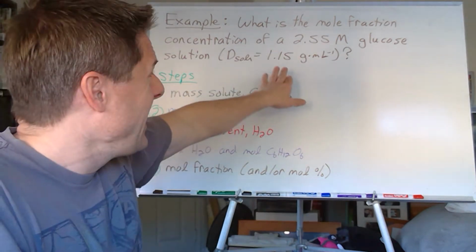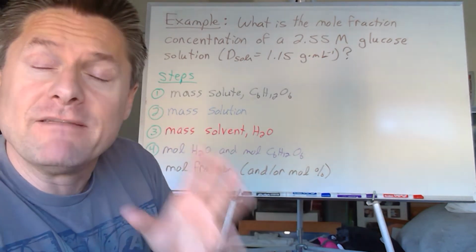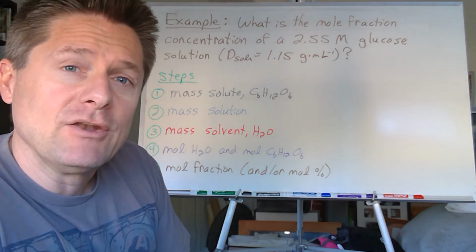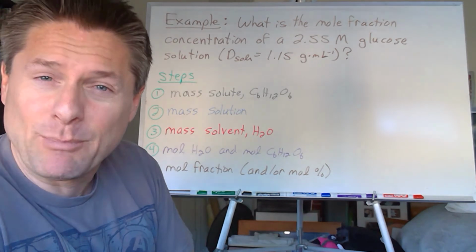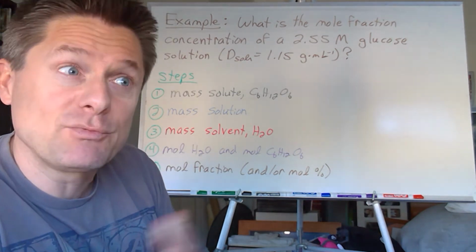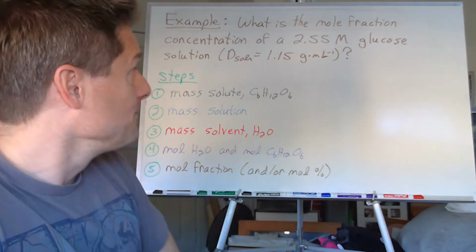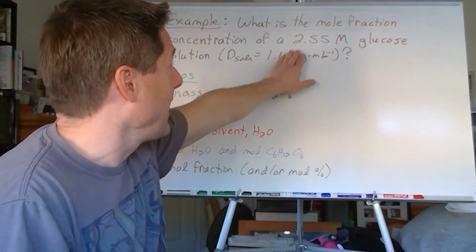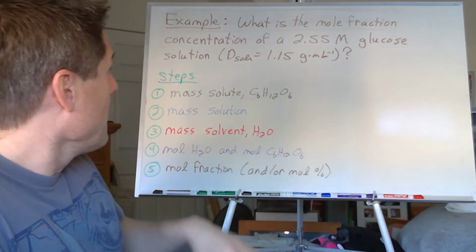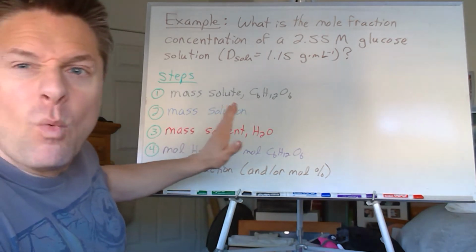But this is a solution, and if, for example, you're given a very, very dilute solution, which is mostly water, an aqueous solution, and you're not provided a density or a temperature, you very commonly have to make an assumption about that density, which would probably be pretty close to the density of water, around 1.0 grams per milliliter. So this is obviously, I wouldn't call that a very dilute solution in this case. So this would be much more accurate. But we'll see later on we'll be making some assumptions on densities, especially water.